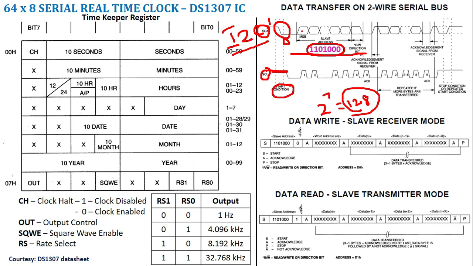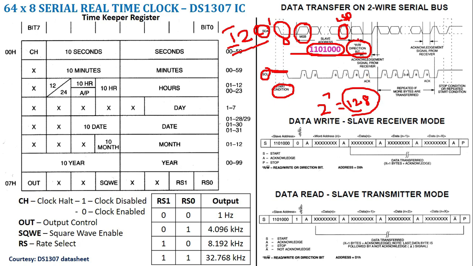After your start condition, we will send the address of the slave. While sending the address, the MSB will come first and the LSB will come last. After the 7-bit address, the 8th bit indicates whether it is a read or write operation, whether the master is requesting data from the slave or is going to write data into the slave.